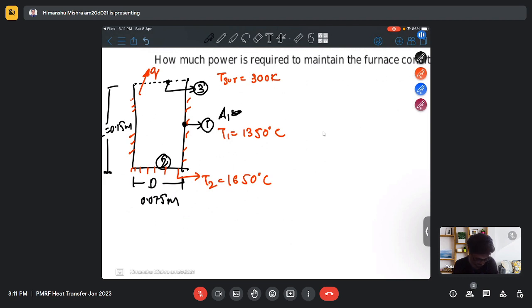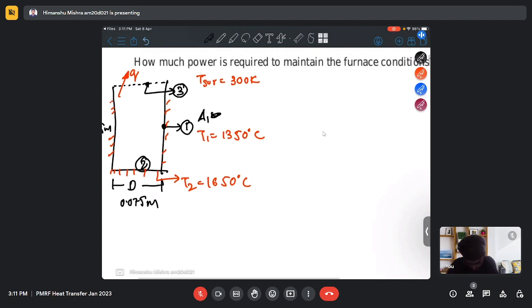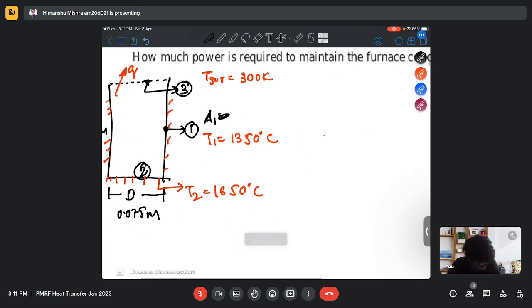So here the interior surfaces are black body surfaces. My total heat transfer will be the heat transfer from surface 1 to 3 and the heat transfer from surface 2 to 3.